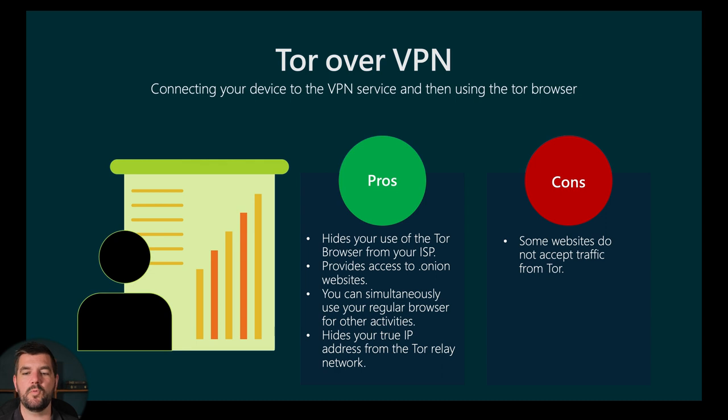Some of the cons: some websites, as we talked about, do not accept traffic from the Tor network. Your VPN knows your actual IP address, your real IP address. That's why it's important to make sure that you're using a trustworthy VPN service. So using Tor and VPN together, you're going to notice a slower than usual internet speed.